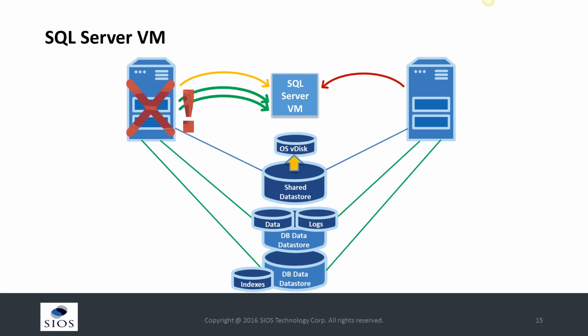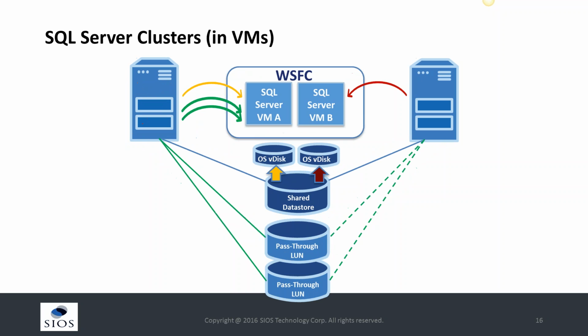So if a host fails, the VM itself is remapped onto another host, and the VM is powered back on. And that's your outage window as the VM starts back up. So we talked about that earlier. It's about 2 to 3 minutes, typically, or longer in some cases if SQL Server is going to have to roll back some transactions or take longer to start up.